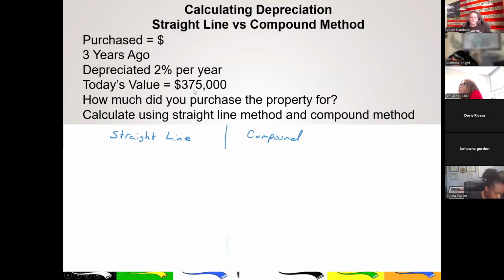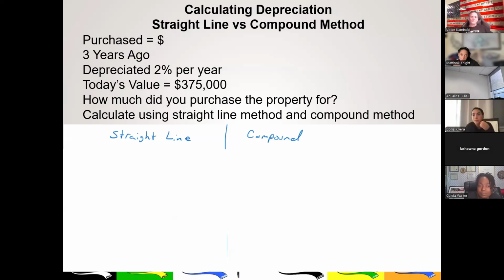Today's property value is $375,000. It depreciated 2% per year for 3 years. Using the straight line method, how much did we buy it for? Well, how do we start off determining the value of any property? What's the first thing we do? We write down 100%. We're trying to figure out all the value. I was going to say it would be 98%.